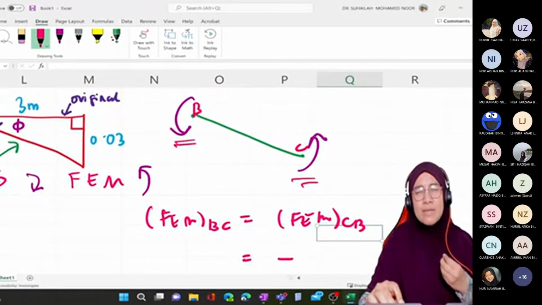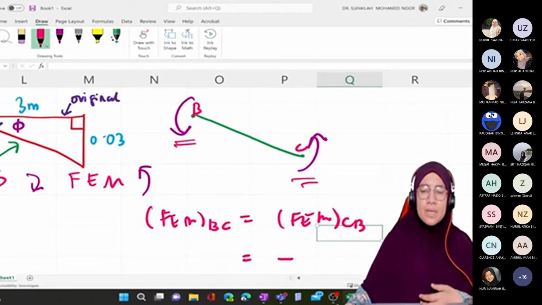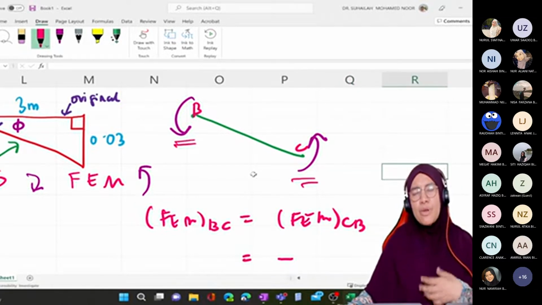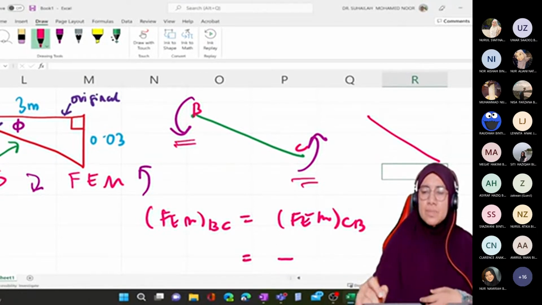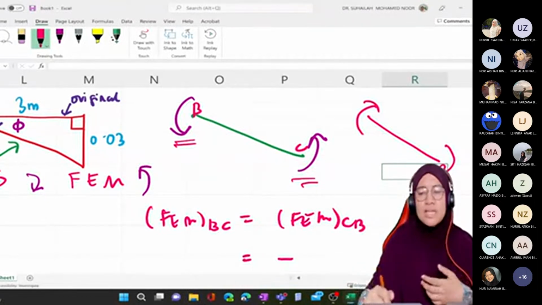Because if we put the wrong moment direction, for example, if we put positive, what happened? It does not become horizontal, it becomes vertical. What we want is horizontal.